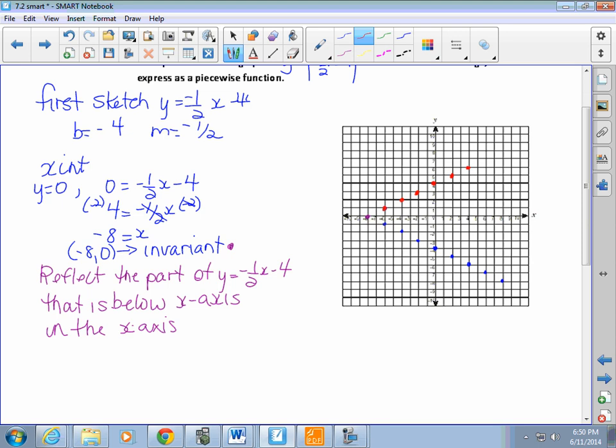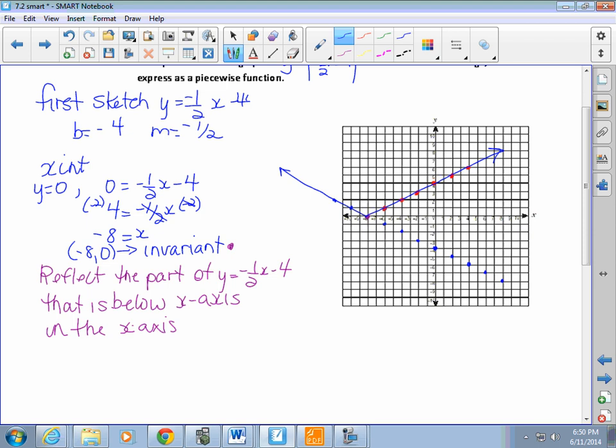But now, because my blue line, if I continued it above the x-axis, would still be going 1, 2, 1, and then 1, 2, 1, say over there. So this line here would be the one branch, and this line here is the other branch. So my blue is the graph of the absolute value function.